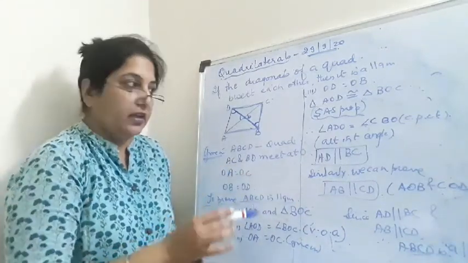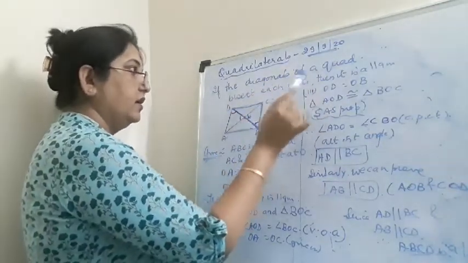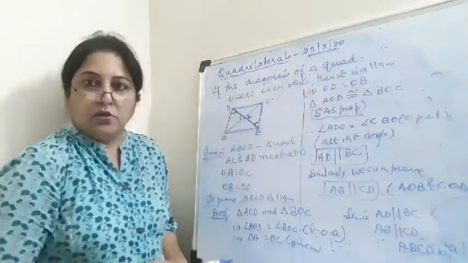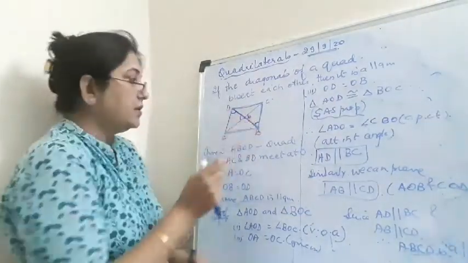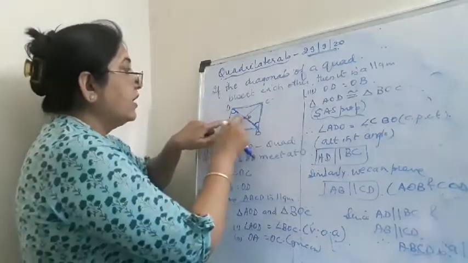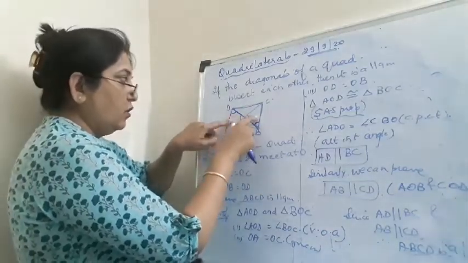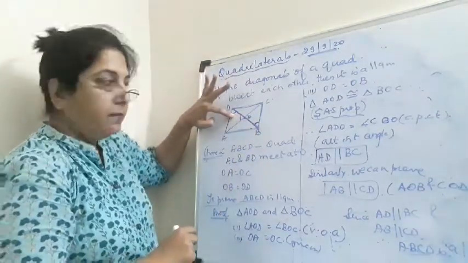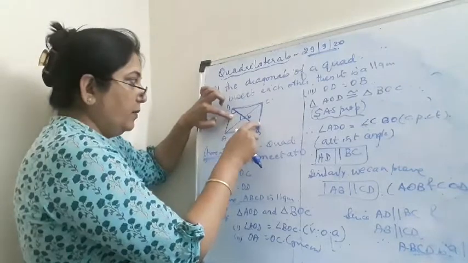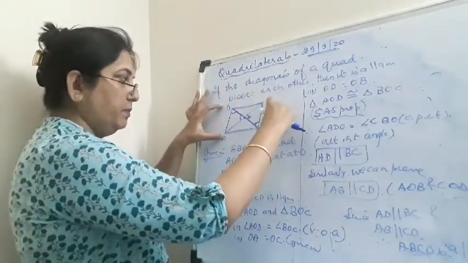So then in the end we can write that if the diagonals of the quadrilateral bisect each other, then it is a parallelogram. So how will you do? You will draw the figure, you will draw the quadrilateral, yes, and then you will prove the two triangles to be congruent by SAS. And when the two triangles are congruent, these two angles are what? Alternate interior angles. By CPCT they are equal, and when these alternate interior angles are equal, these sides are parallel.